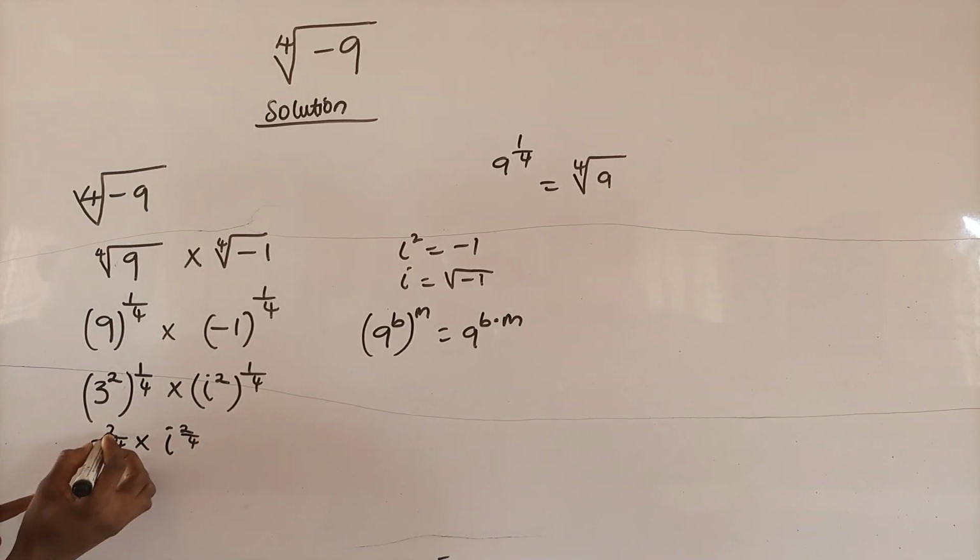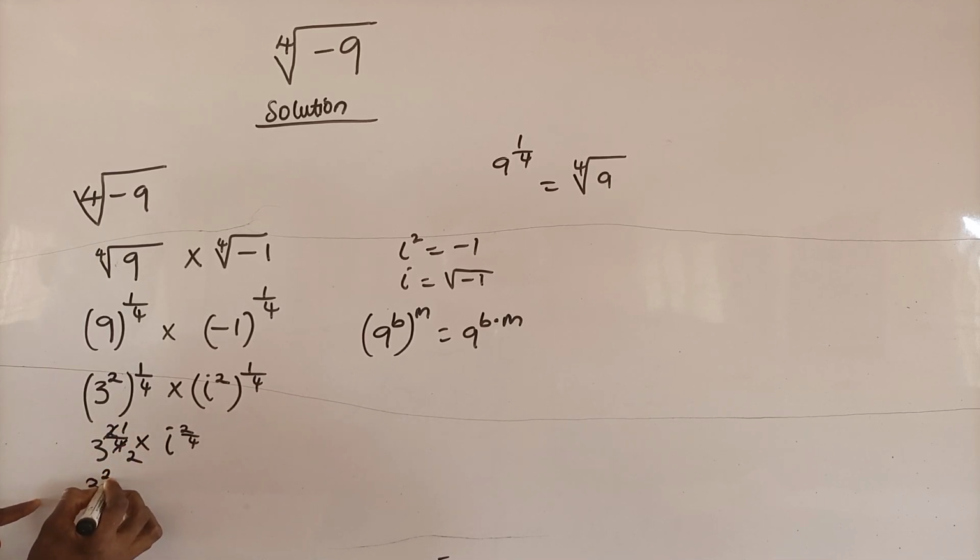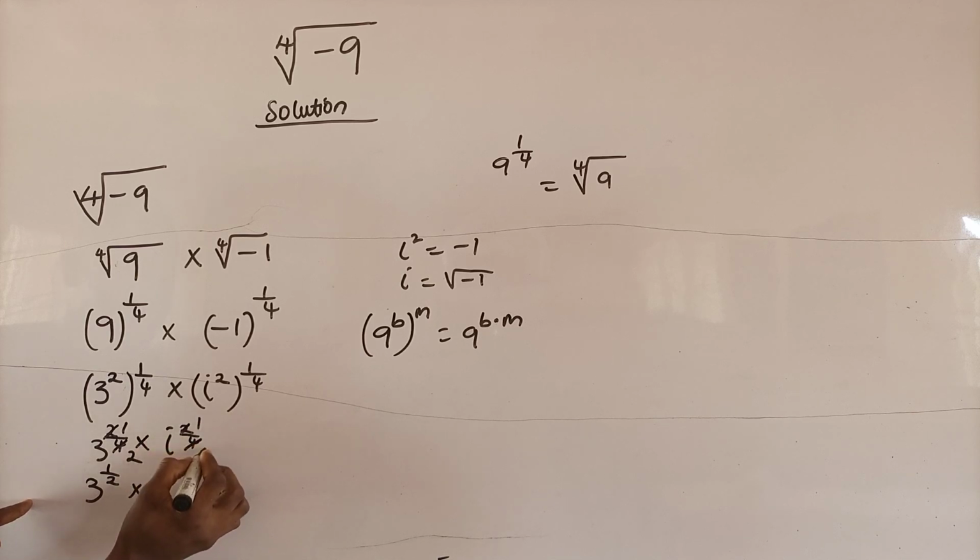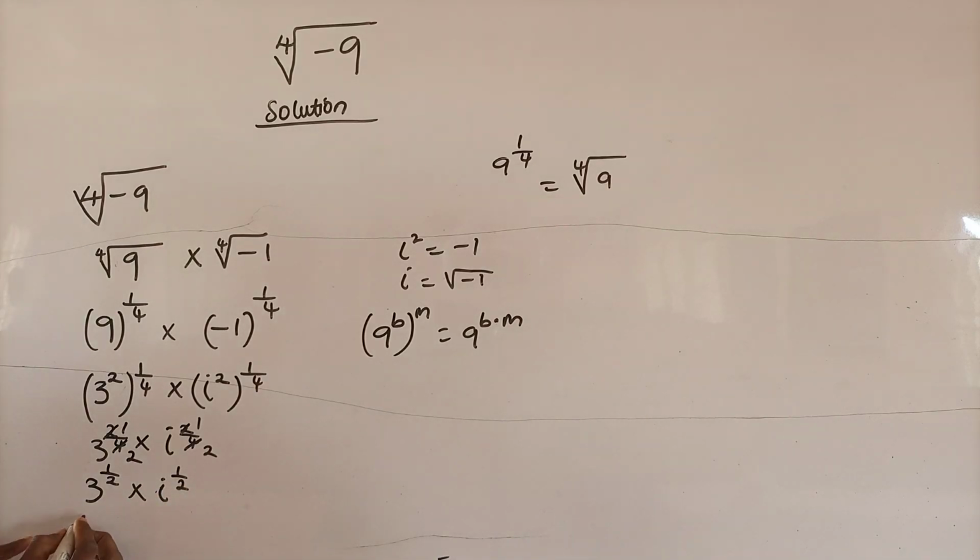So it's going to be 3^(1/2) times i^(1/2). Can I write this thing as the square root of 3?